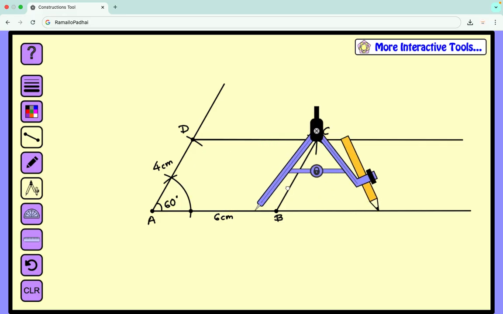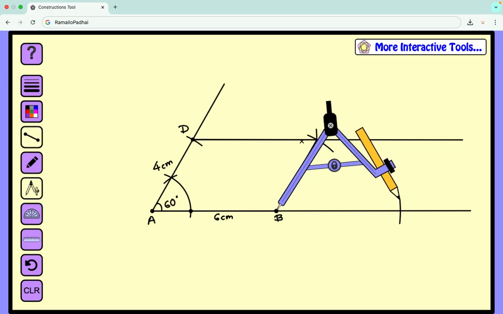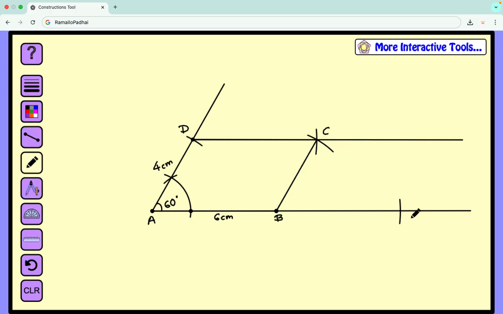So we measure AB with compass and mark E from B. Okay, so this will be E and BE will be 6 centimeters. So AE will be 12 centimeter. Okay, so this is AE.